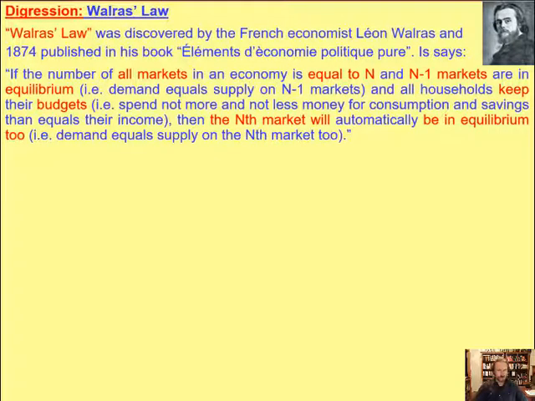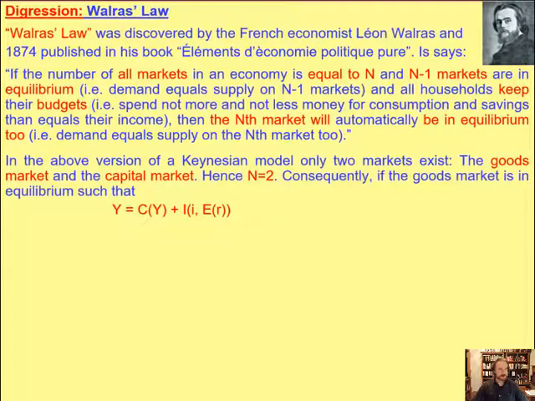This sounds perhaps a little bit abstract, but if you apply this law to our economy with only 2 markets, it becomes quite simple to understand. In our version of the Keynesian model so far, we have only 2 markets, the goods market and the capital market. Hence, n, the number of markets, is equal to 2.